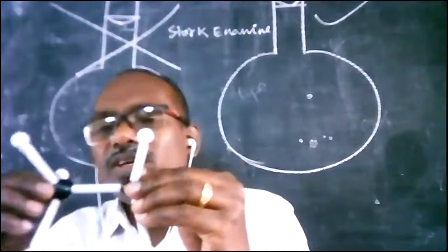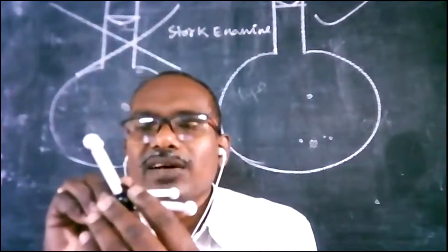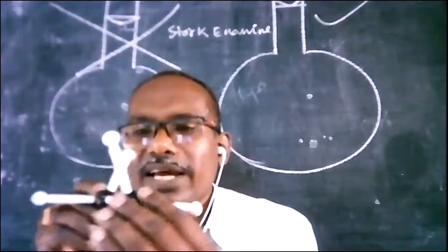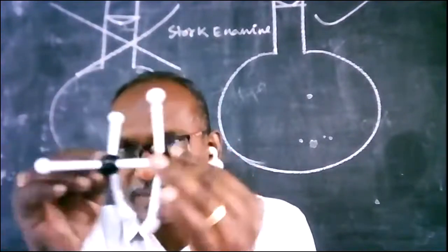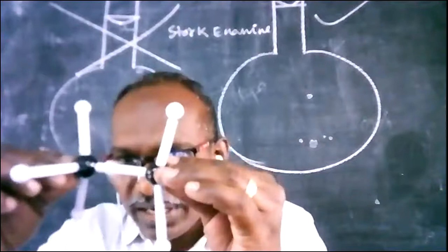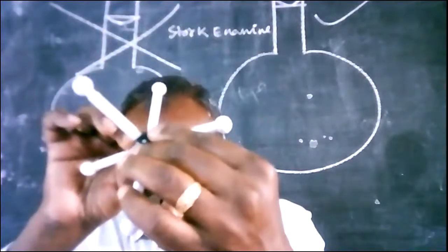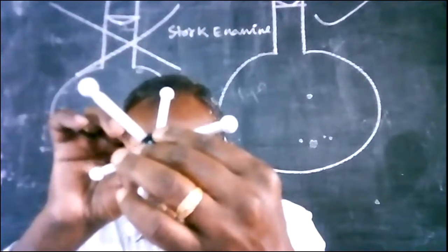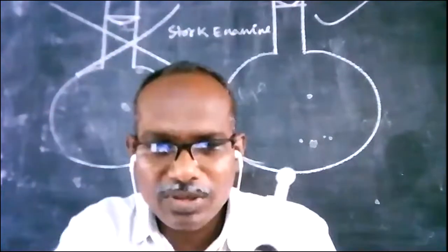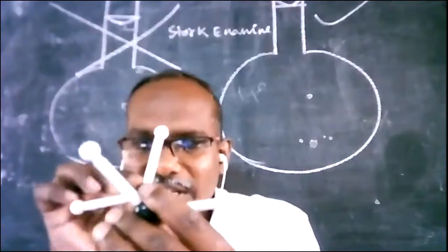Now, if you take the staggered configuration, look here, now this is staggered configuration. I rotate this molecule, watch closely. I rotate this molecule for an angle of 60 degree.